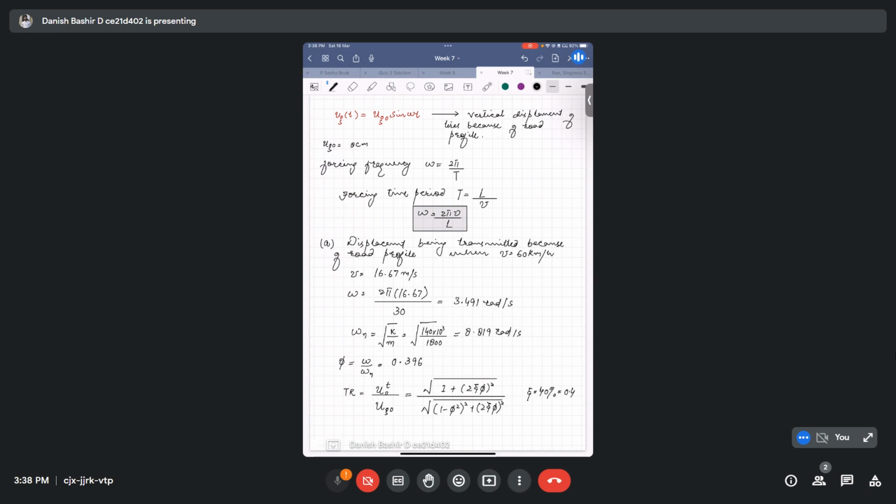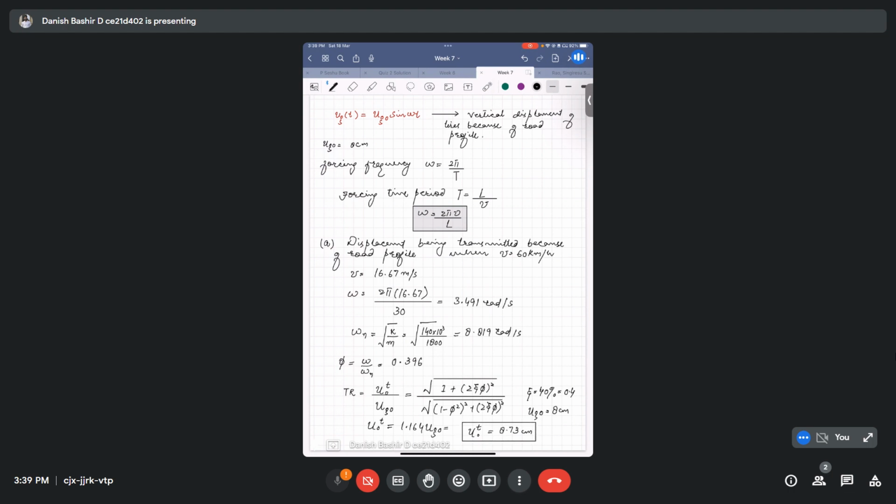When we substitute all the values, we get u naught t as 1.164 ug naught, and ug naught was 8 centimeter. So we get the transmitted displacement over this vehicle as 8.73 centimeter.